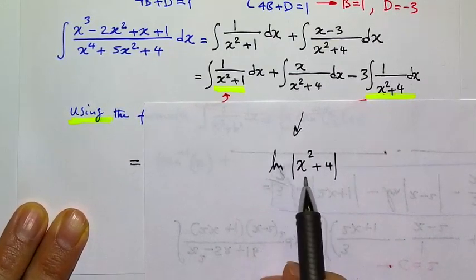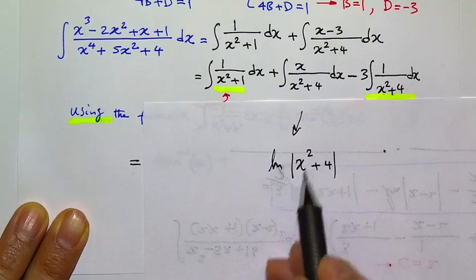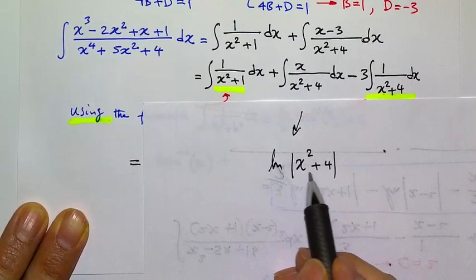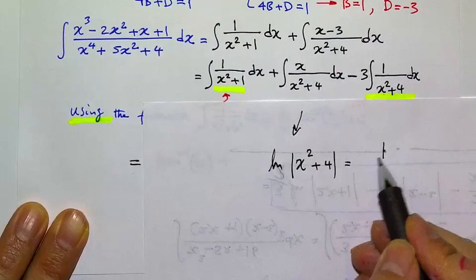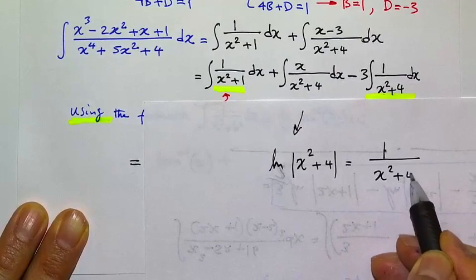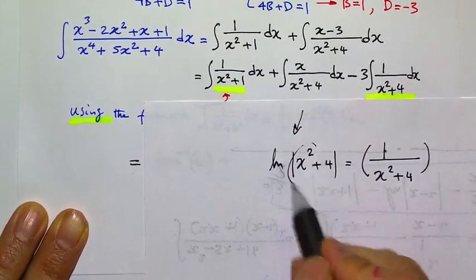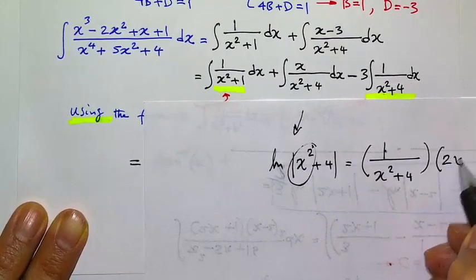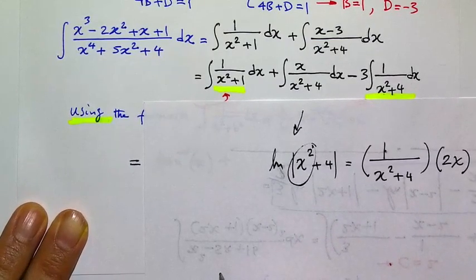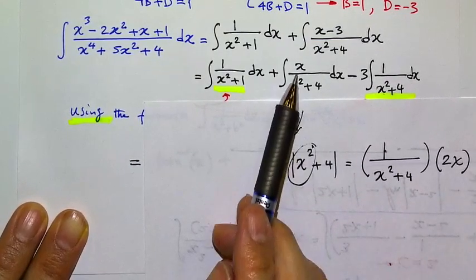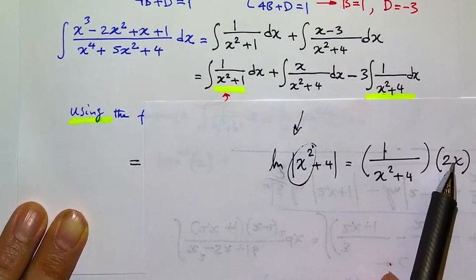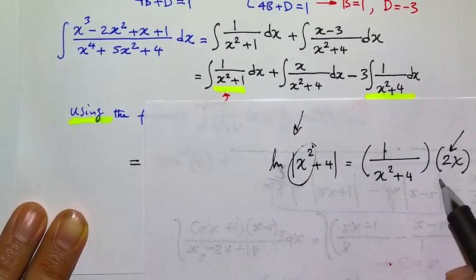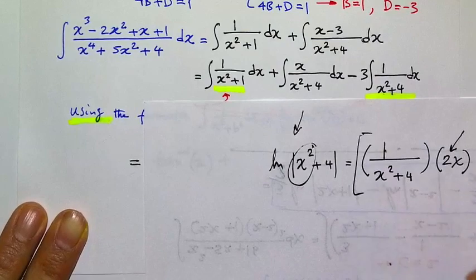But we can't leave it like this, because if we take the derivative of this, we're going to end up with 1 over x squared plus 4, then by the chain rule we take the derivative of this and get 2x. Here we have just x, not 2x. So how do we get rid of this 2? Well, we multiply all of this by 1/2.